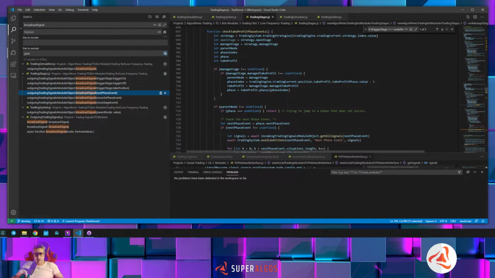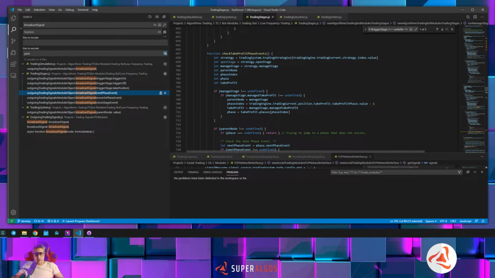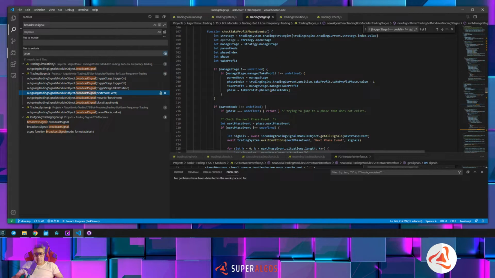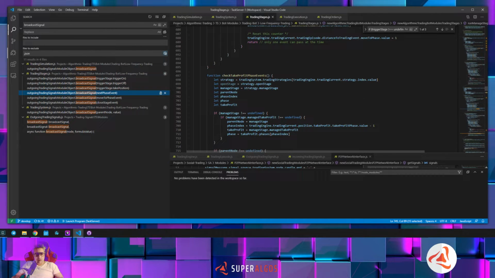And this is not an asynchronous function. Or it is, because I see an await here. Okay, this is what I added. Then await. Sorry, async.